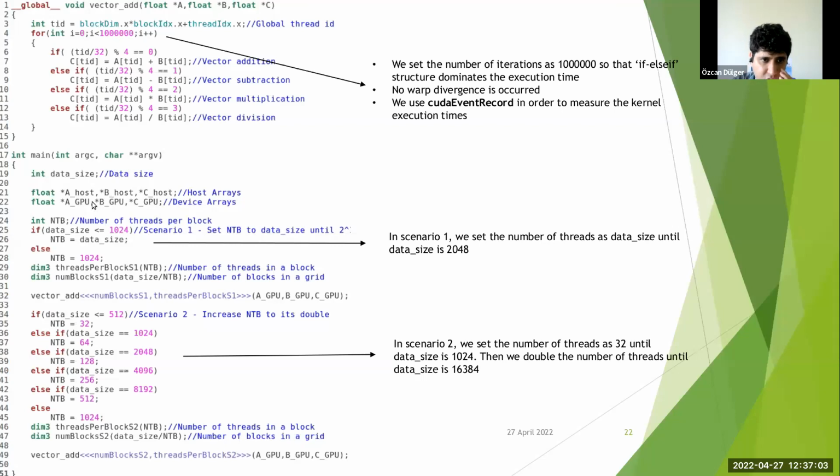Again, we have 3 host arrays, we have 3 GPU arrays, and we have the number of threads. Now we define 2 scenarios here in order to show you the occupancy and efficiency of the streaming multiprocessor.